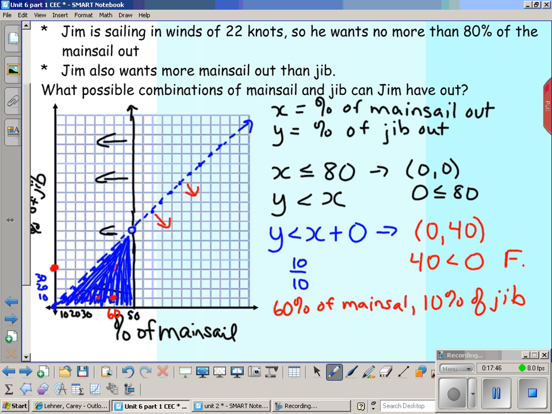Maybe here we've got 45% of mainsail, and then we have 10% of jib. We could even go as far as choosing 40.5% of mainsail, and by substituting it into the inequality, we could figure out what it is in a percentage for jib. So the idea is that because it's shaded, we do not have to stick with whole numbers. We have to stick with positives, but we do not have to stick with whole numbers.